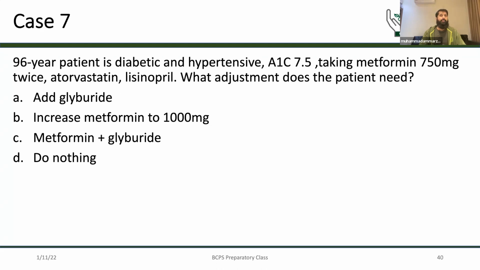But if the patient is stable on 7.5 with the current medication, we should not add anything. So this is about individualization of therapy in such type of patients who are comorbid and very old. So the A1C level of 7, वो पत्थर पे लकीर नहीं है. You can make them less stringent for this patient who is 96 years of age.